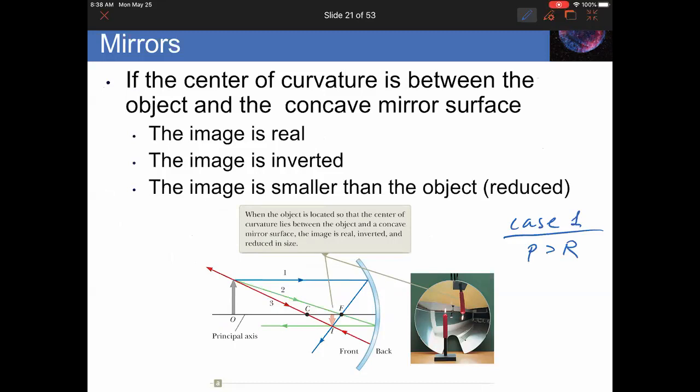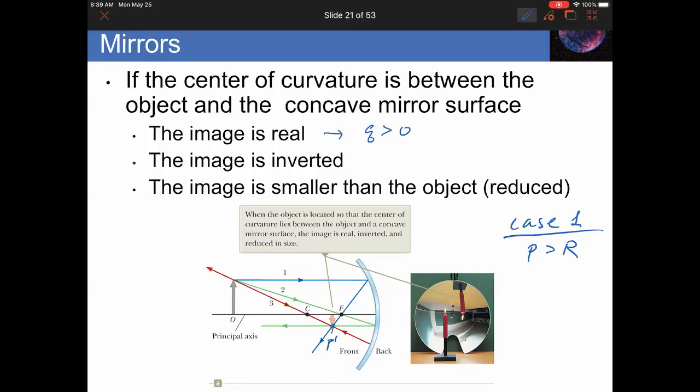Then the image is real. Again, it's real because actual rays converge at that position, P prime. And the image is inverted, which we can see. And the image is smaller than the object. The way we can figure out the image is real using the mathematics is that Q is going to be positive.